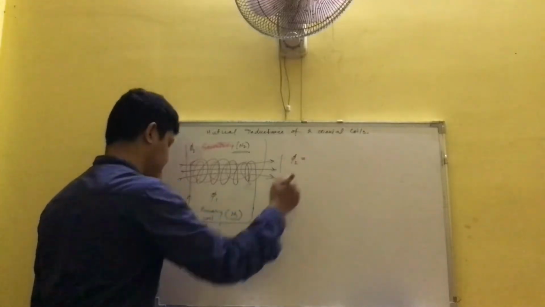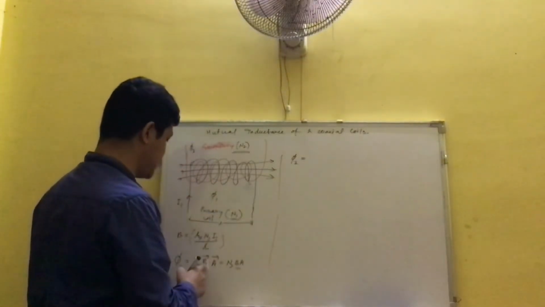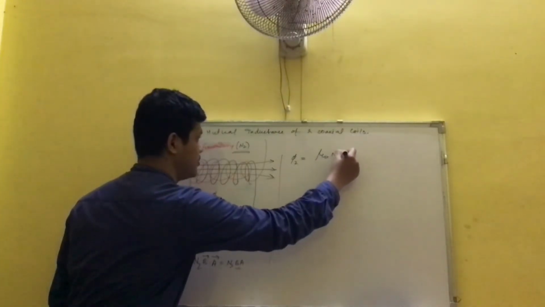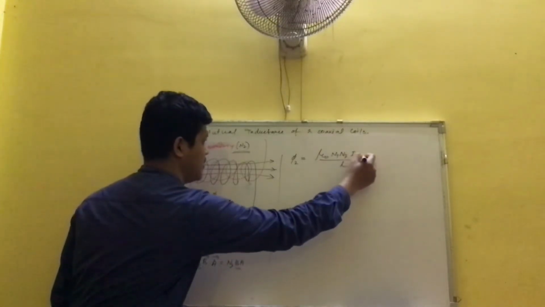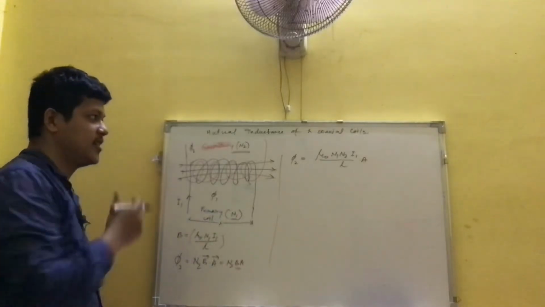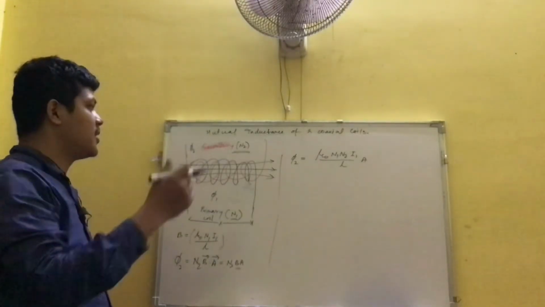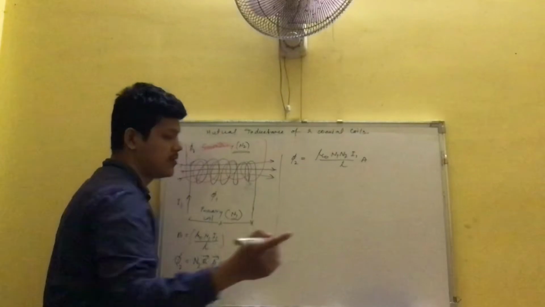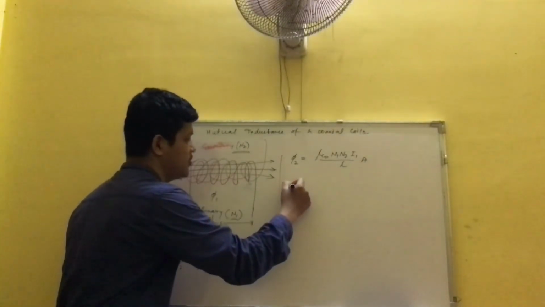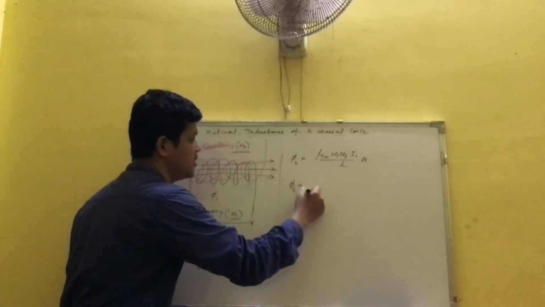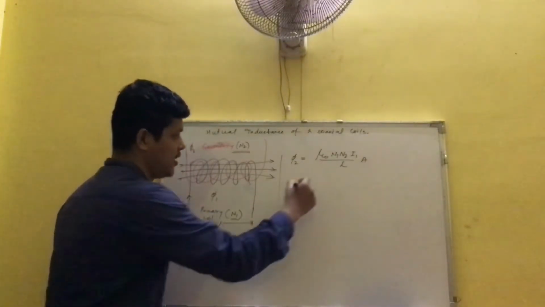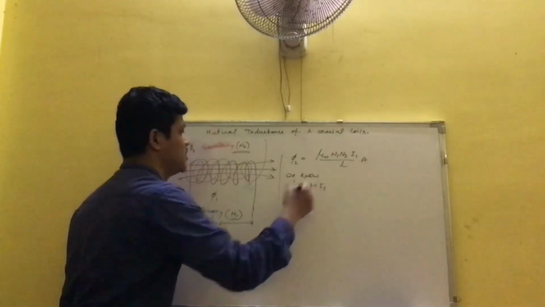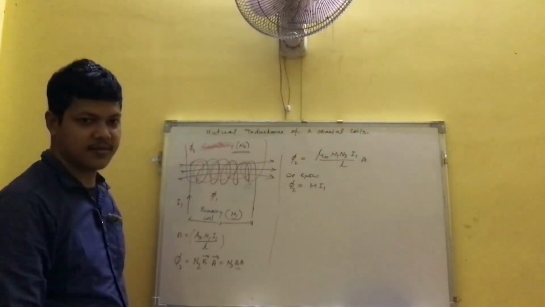Phi 2 is equal to mu naught n1 n2 I1 by L times A. Now, in the last class we have already got that phi 2 is equal to M I1, as it was explained in the last class, right?